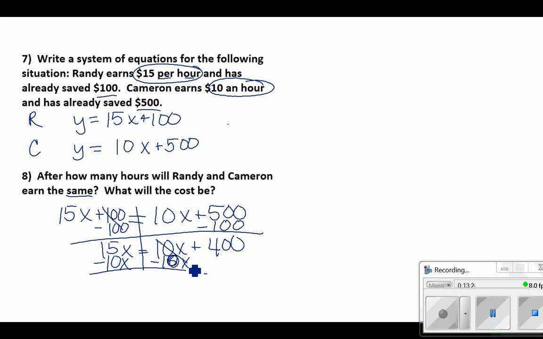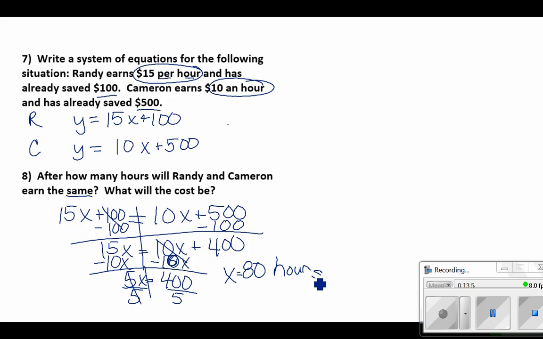So I have 5x equals 400. So I can divide by 5, divide by 5. So my x is going to be 80. And the x value represents hours. So it will be the same after 80 hours.